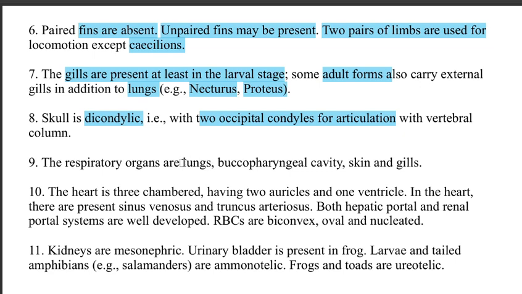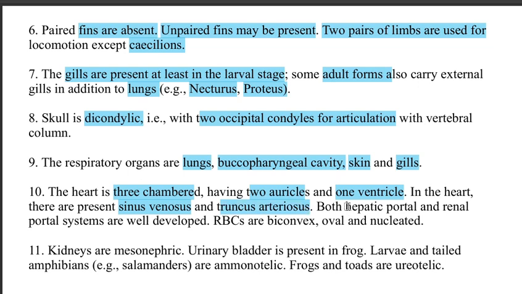The respiratory organs are lungs, buccopharyngeal cavity, skin, and gills. The heart is three-chambered, with two auricles and one ventricle, and there are also a sinus venosus and truncus arteriosus.